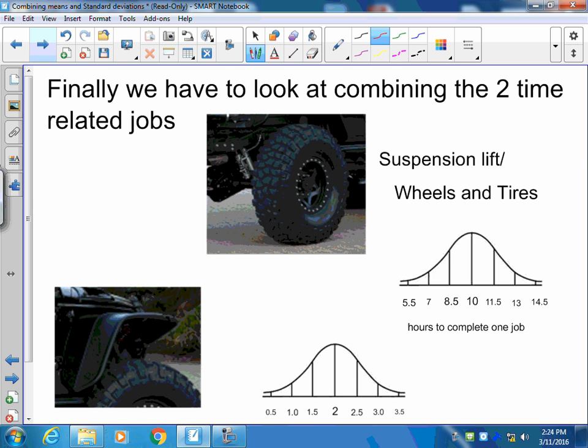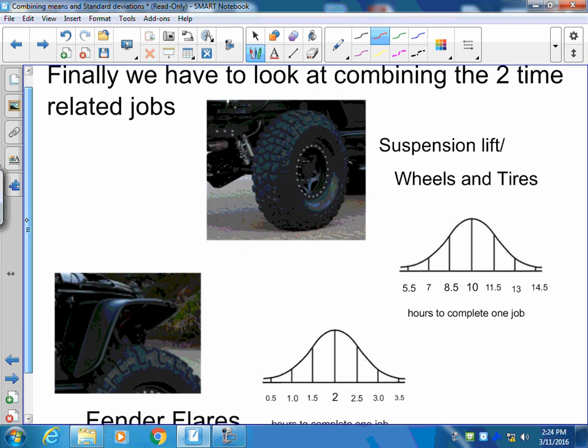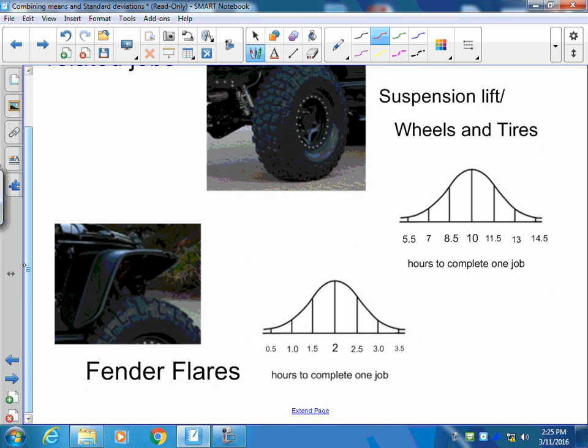Okay, now we were only looking at one of the 2 jobs. Now let's start putting these 2 pieces together. We have to look at combining the 2 jobs in time. We've got the suspension lift, mean value of 10 hours, standard deviation of 1.5 hours. So let's call this mu x equals 10.